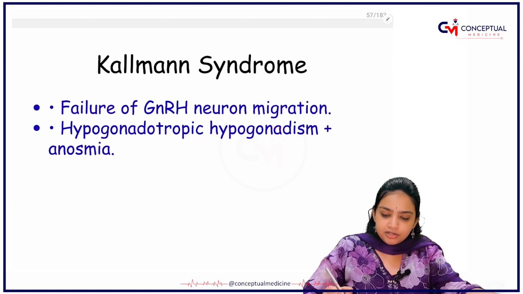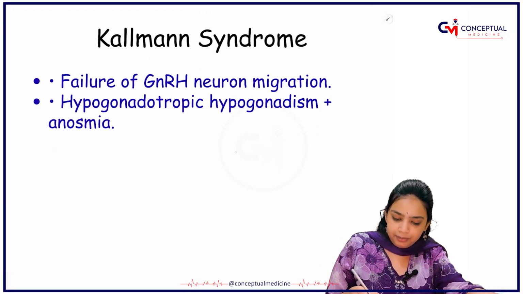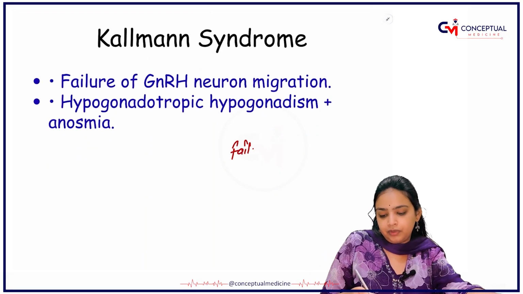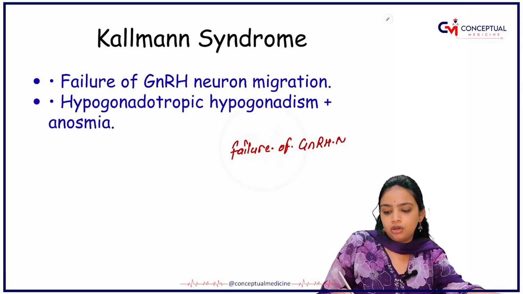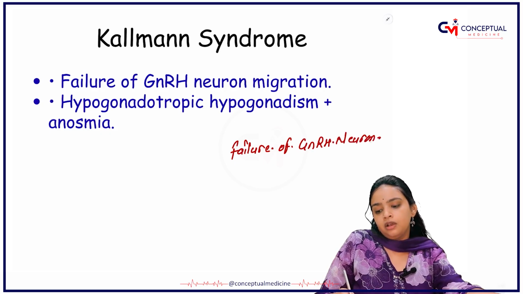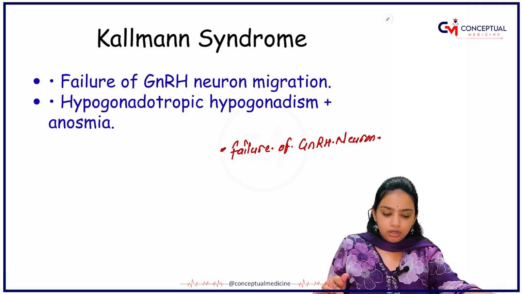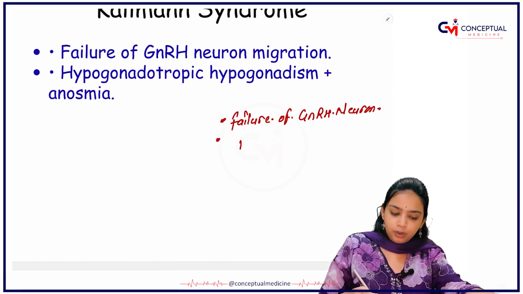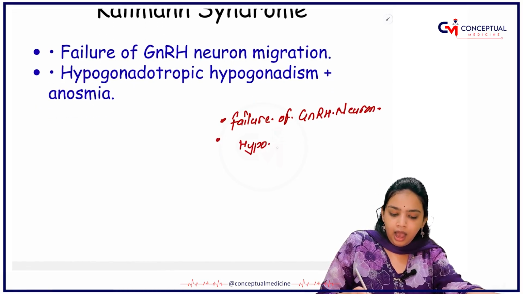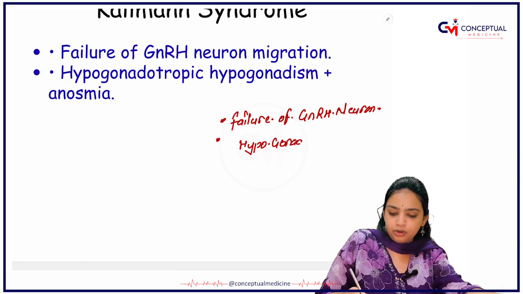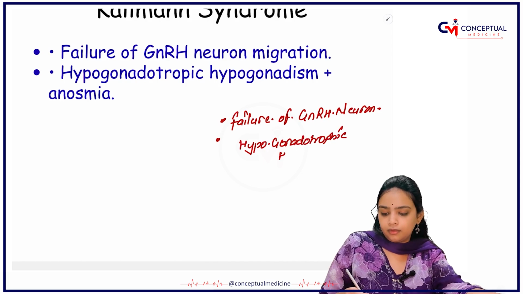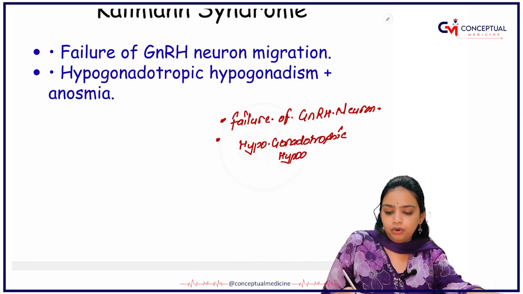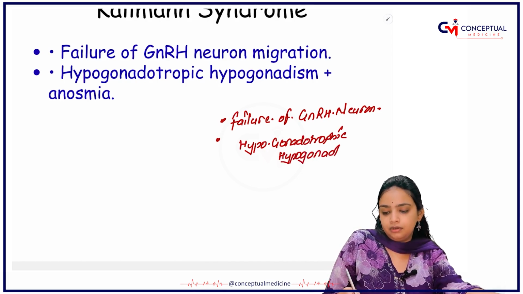Let's see what Kallmann syndrome is. So in Kallmann syndrome, what happens is there is a failure of GnRH neurons, as a result of which what will happen? There will be hypogonadotropic hypogonadism.